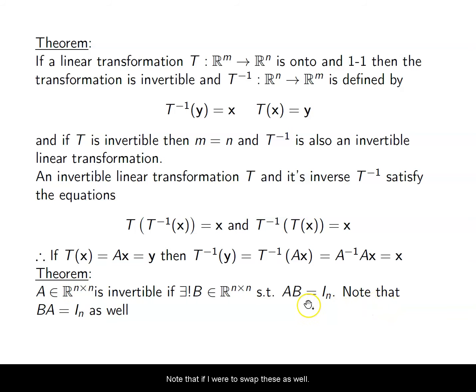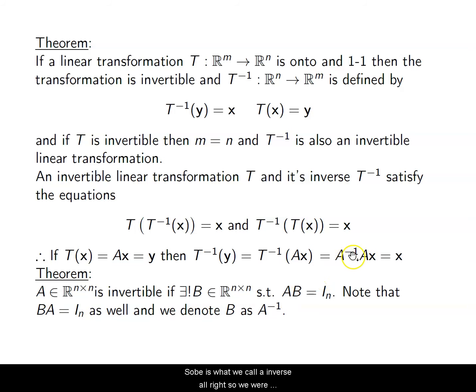Okay, note that if I were to swap these as well, I would also get the n by n identity matrix. Okay, so B is what we call A inverse, right? So we were calling it a different name, but the standard notation for this special matrix that when you multiply it times A on either the right hand or the left hand side and get the identity out is called A inverse.